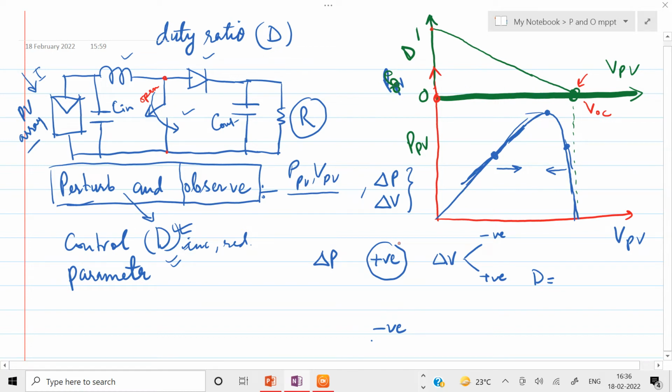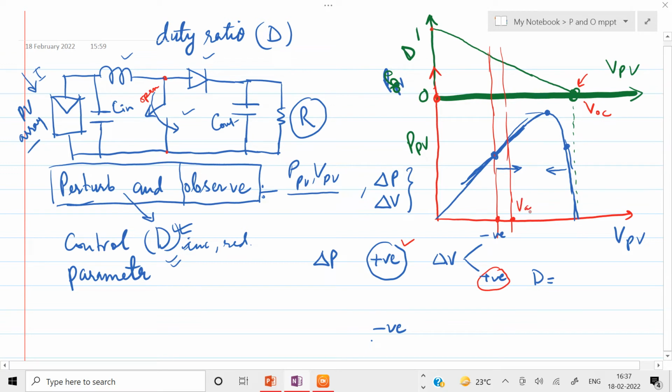So you see here, let us take the first case when delta P is positive and delta V is also positive. So that means, let me take one line here and take another line. What is meant by delta V is positive? Delta V means the value of voltage after perturbation minus the value of voltage before perturbation.